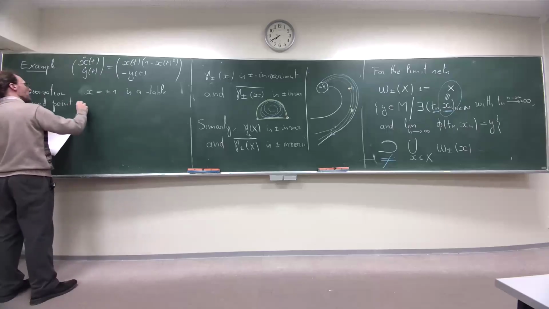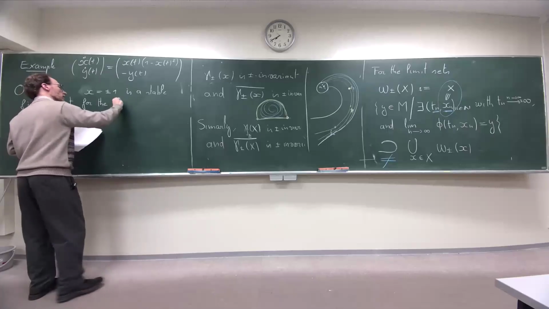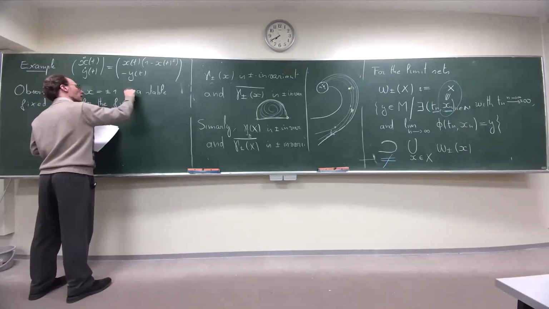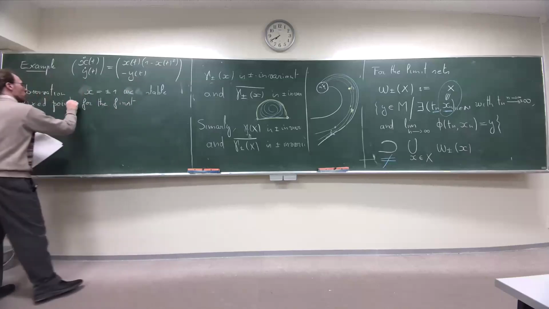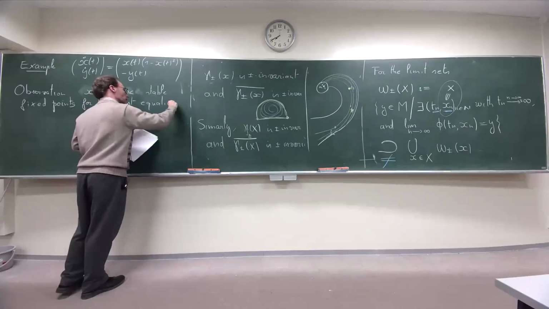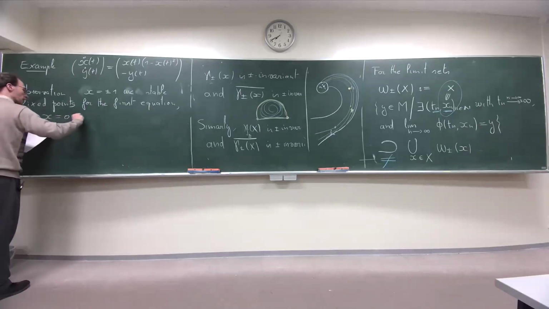These are stable fixed points for the first equation, and X equal to 0 is unstable.